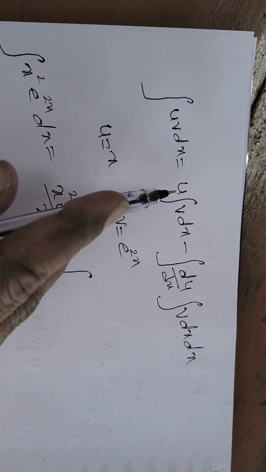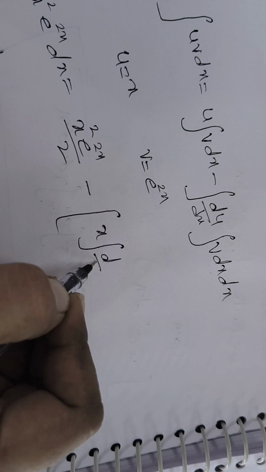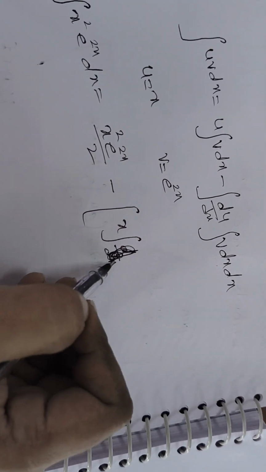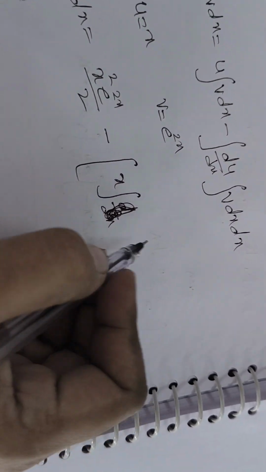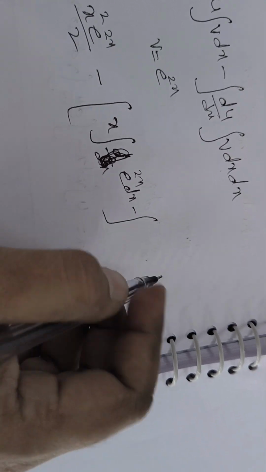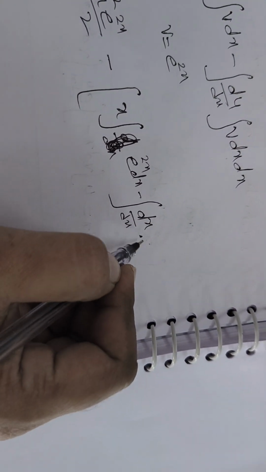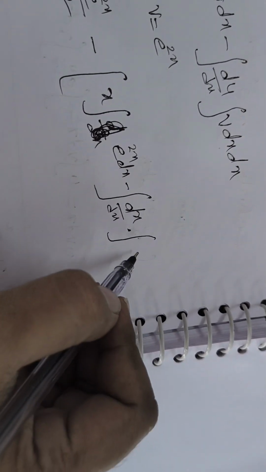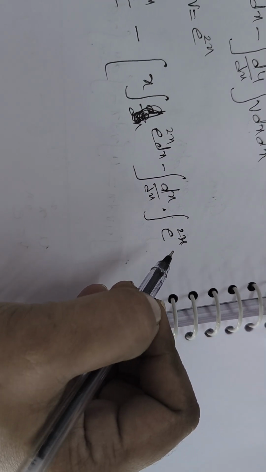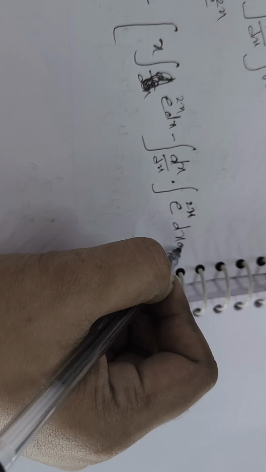U is our x value, so we will write x into integral v dx, where v means e to the power of 2x dx, minus integral d by dx of u, which is x, into integral e to the power of 2x into dx.